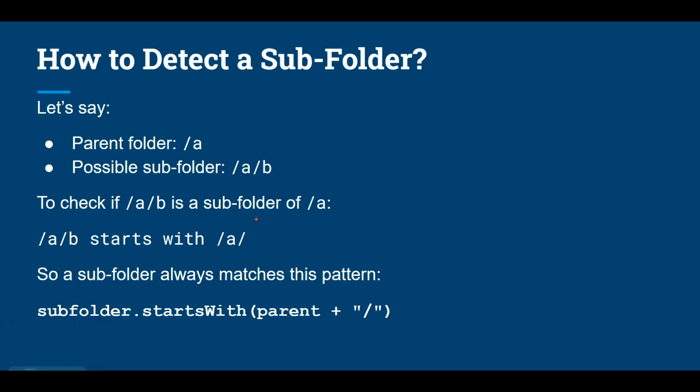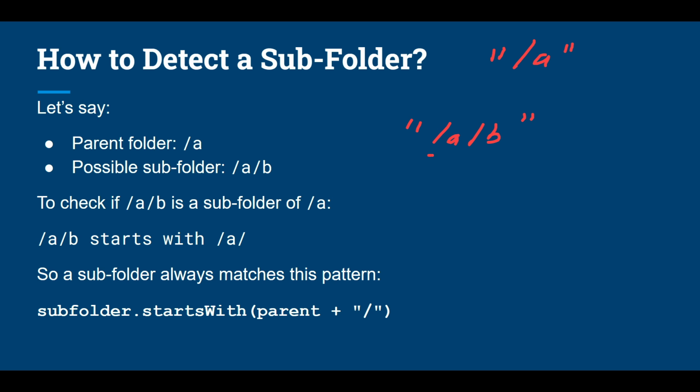What I'm trying to say is, let's suppose we have /a, then we have /b. Can we say that this is our subfolder? What is our parent? The parent is /a. It means startsWith will check on this one.